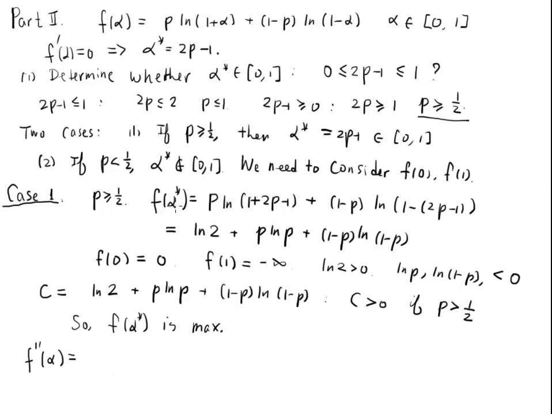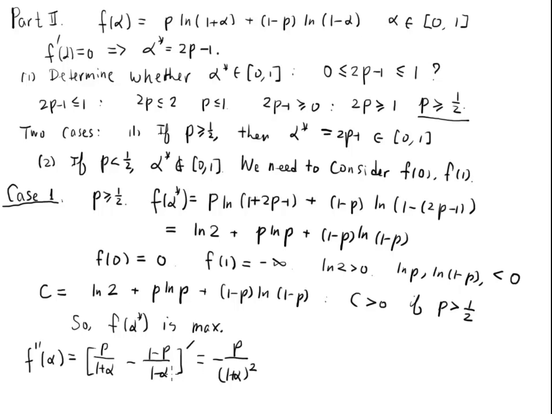Recall the first derivative over here is p over (1 plus alpha) minus (1 minus p) over (1 minus alpha), right? So we're going to take the derivative one more time, and that's going to be negative p over (1 plus alpha) squared. Now take the derivative very carefully. Remember, this is (1 minus alpha) to the negative 1.